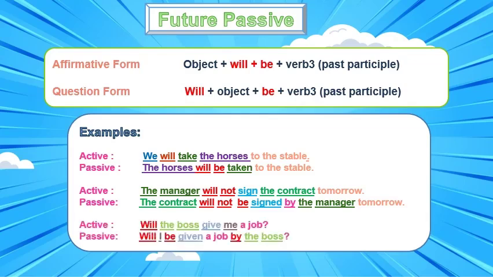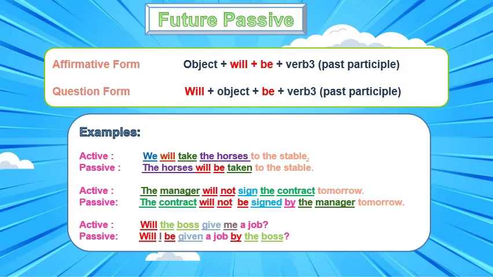Will I be given a job by the boss? Okay. Because me here, I will change it to I. And I will put give in the past participle, and the job, and after that I will put the subject at the end of the sentence. Okay. So don't forget this. If I want to make it negative, I will put not directly after will.